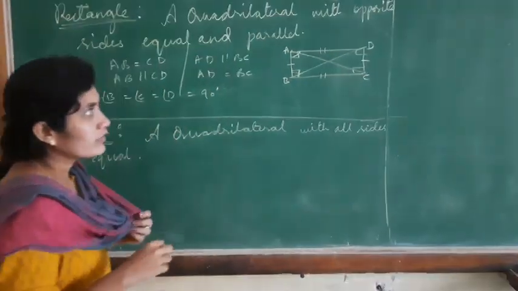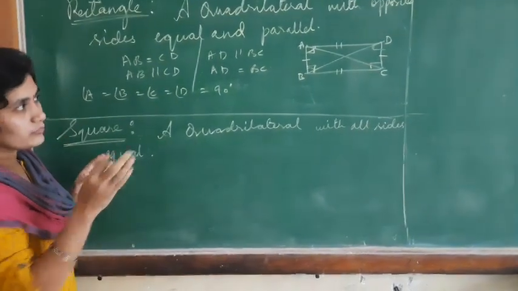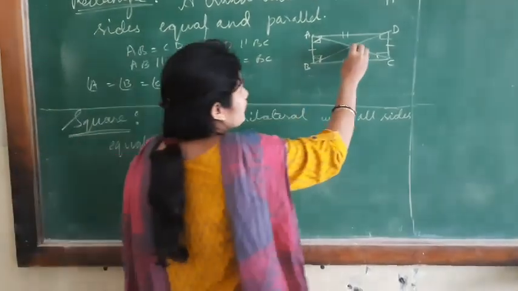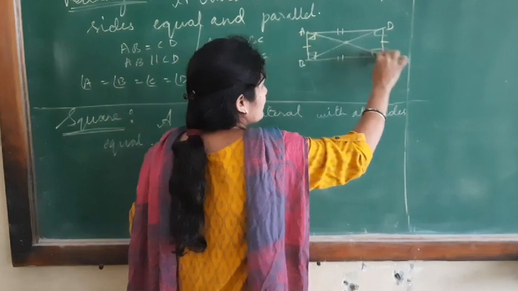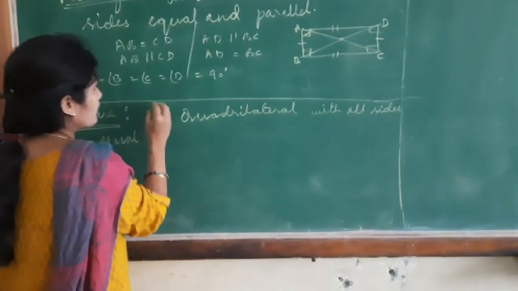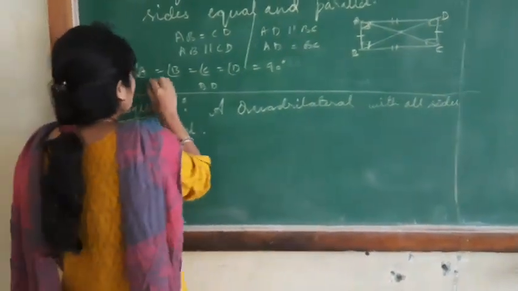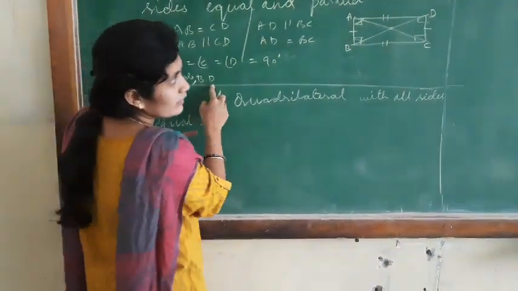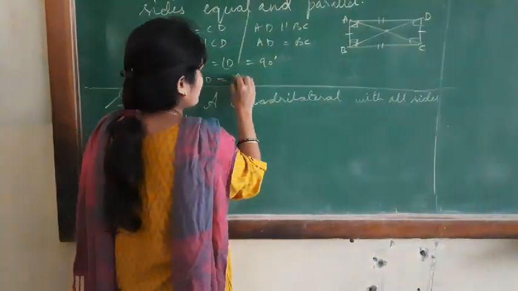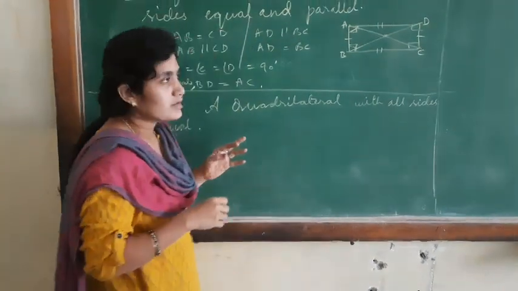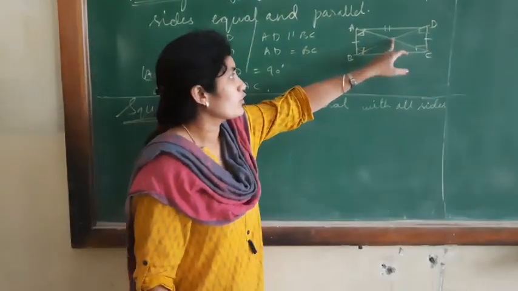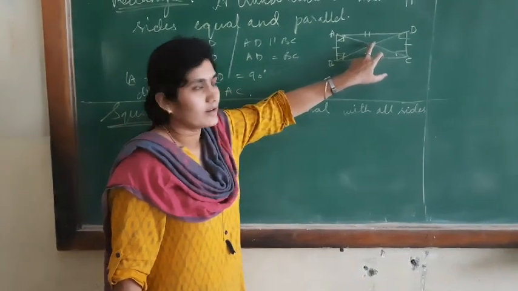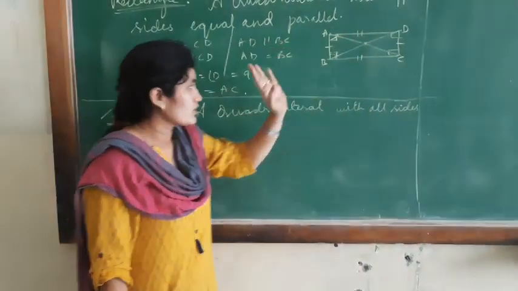Both are equal but do not bisect perpendicularly. That is, BD is equal to AC, but they do not bisect each other at a perpendicular point, or you can say here we don't get any 90 degrees when they bisect each other.